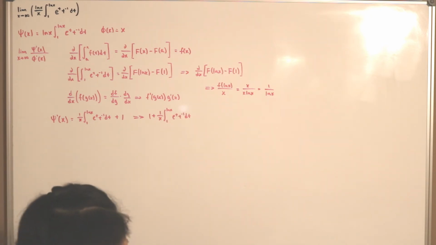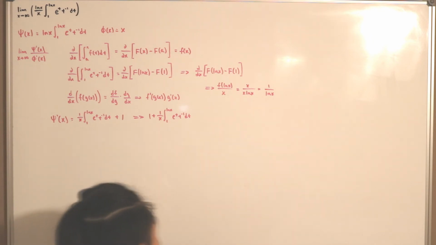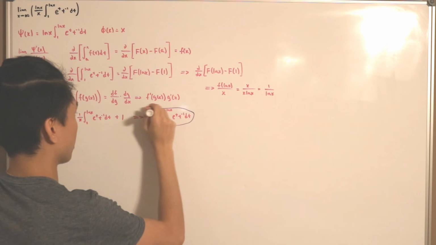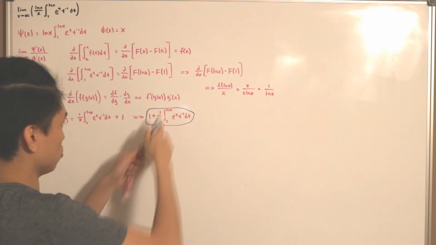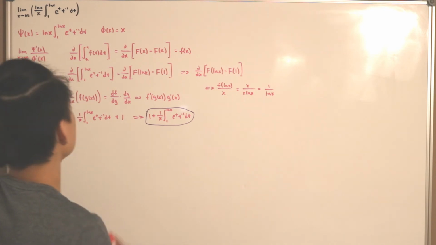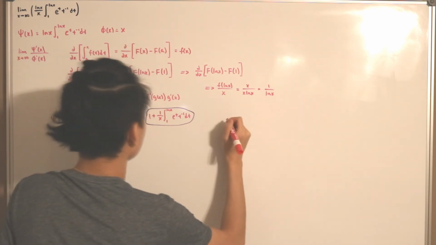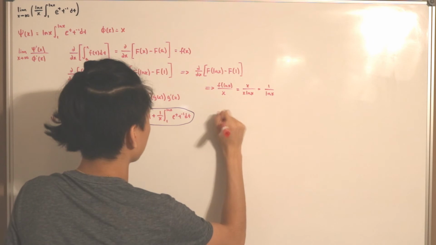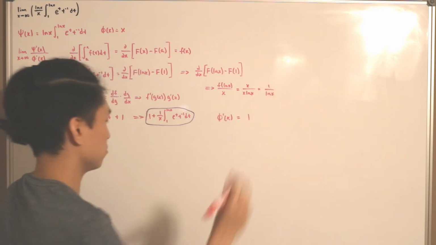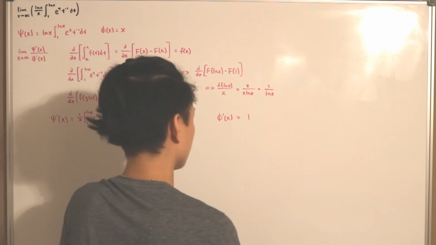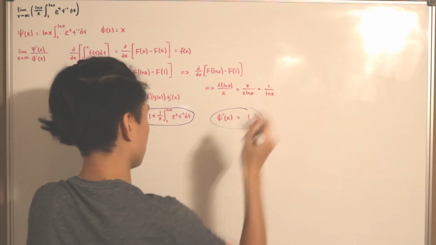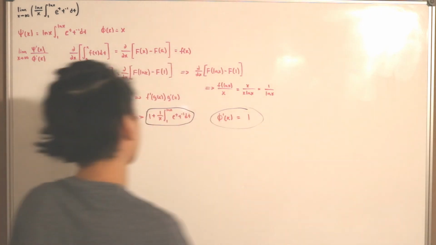Let me circle this, so this shows that psi prime of x is equal to the circled expression. And obviously you know that phi of x is equal to x, so that means the derivative phi prime of x is just 1. Okay, so now let's plug everything together.